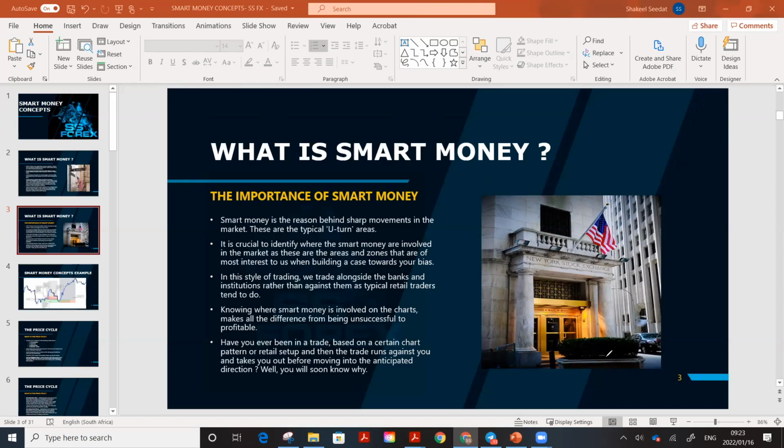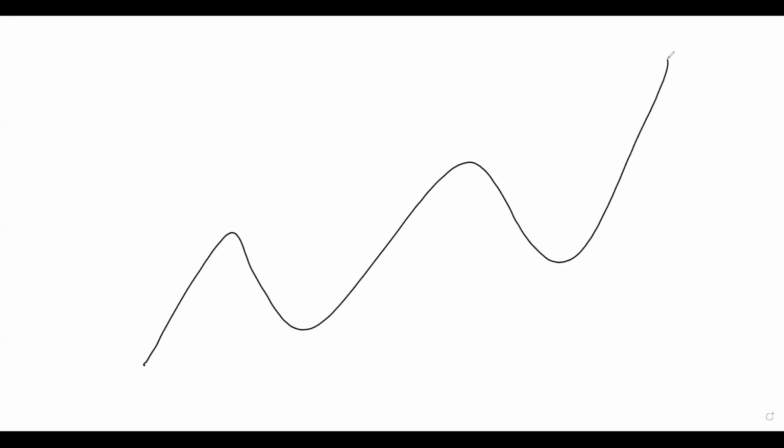So for example, right? So we would look at, right, on here, you can see that price is obviously in a clear uptrend at the moment.